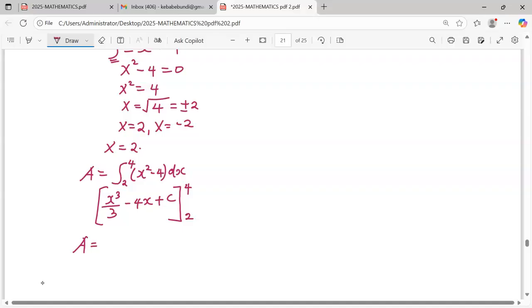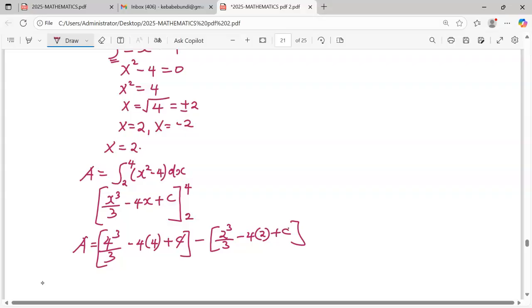So the upper value is going to be 4 cubed divided by 3 minus 4 multiplied by x, which is 4, plus c, minus the lower value of x, which is 2, so we are going to have 2 cubed divided by 3 minus 4 times x, which is 2, plus c.